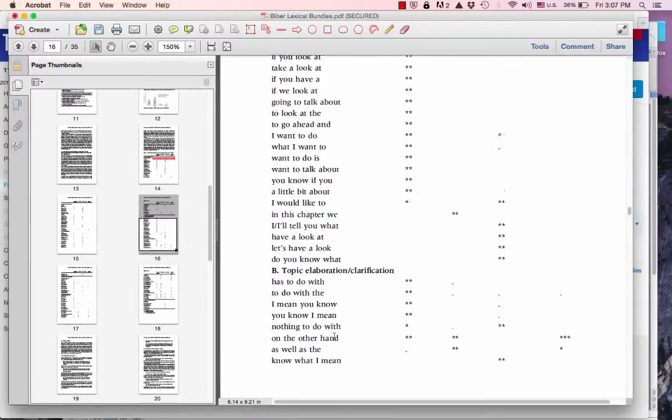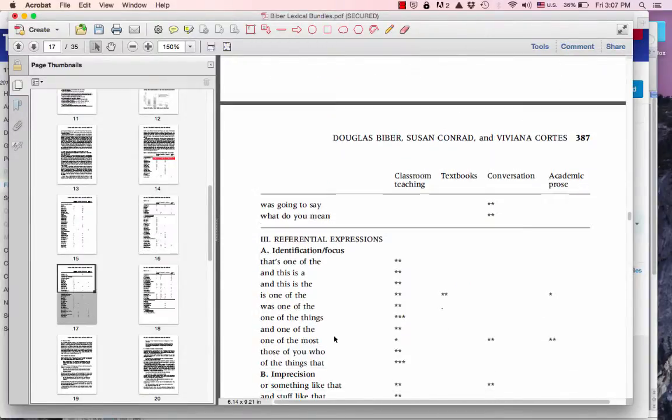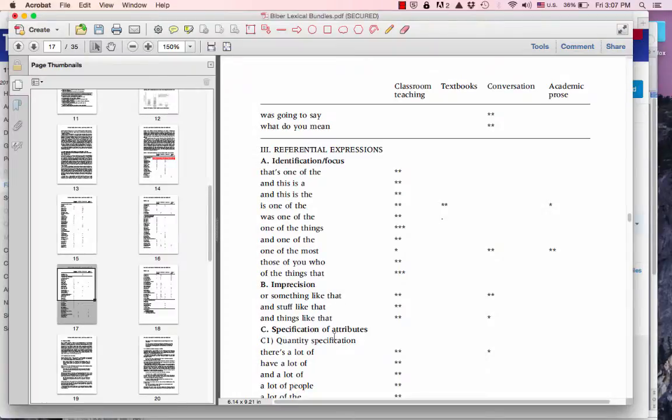And other ways of doing it, of course, are through grammar and through specific vocabulary. But lexical bundles are indeed part of the package of patterns.